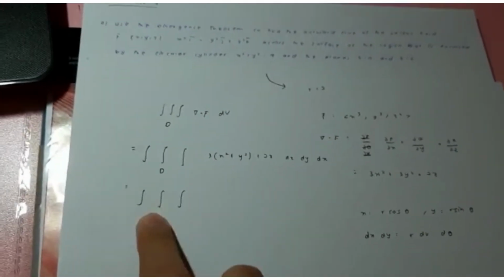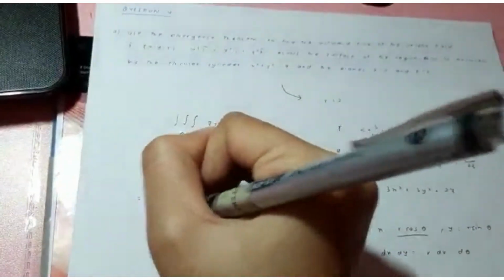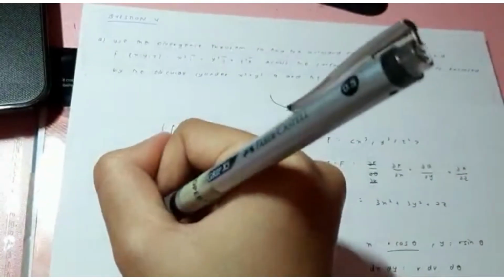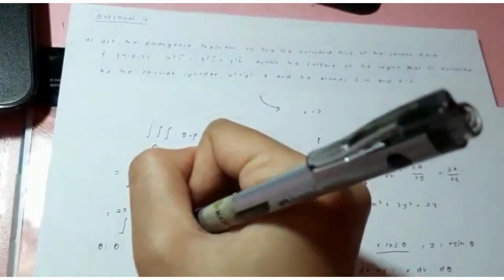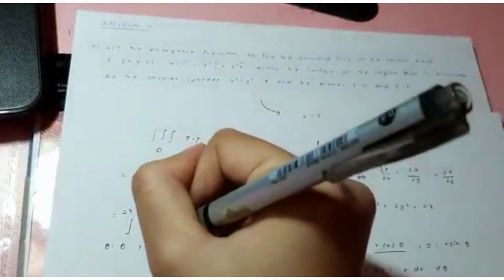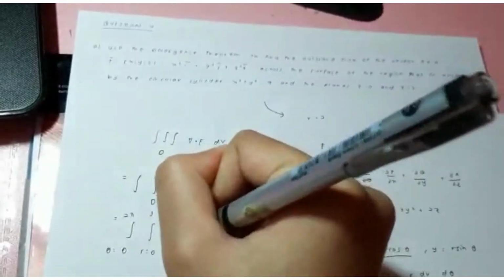Since it is polar coordinate and a circular cylinder, theta ranges from 0 to 2 pi. For r, which is the radius of the circular cylinder, the range is 0 to 3, and given z is equals to 0 to 2.